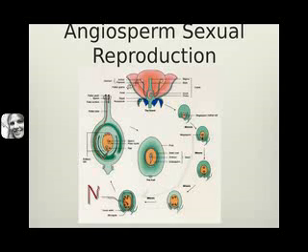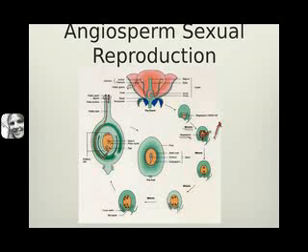So in an upcoming slide, I'm going to break this down for you, but just to recap what I just talked about, we have in our ovule, over here, a megaspore mother cell, a megasporocyte, that will undergo meiosis to produce 4 haploid megaspores. 3 of those megaspores die, leaving 1 megaspore.